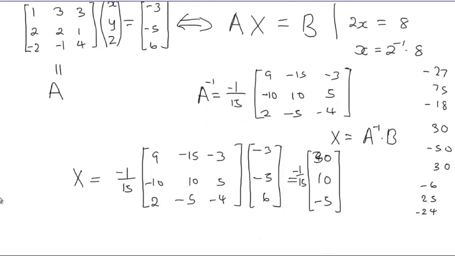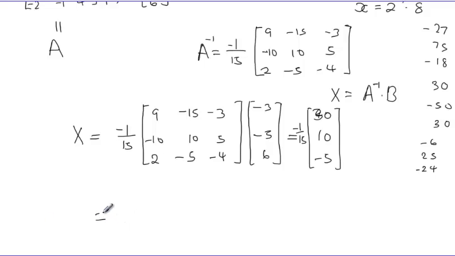Then the next thing to do now is to multiply by that minus 1 over 15. I think we're going to get minus 2, and 2 over 3 minus, isn't it? And then 1 over 3.